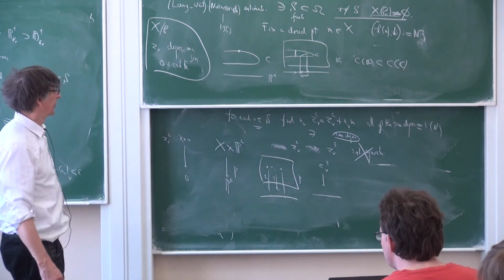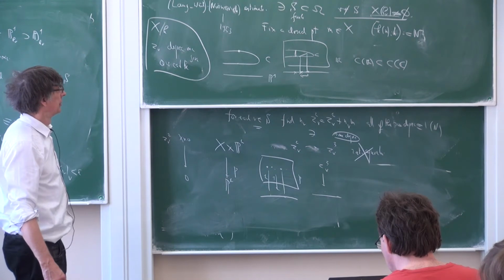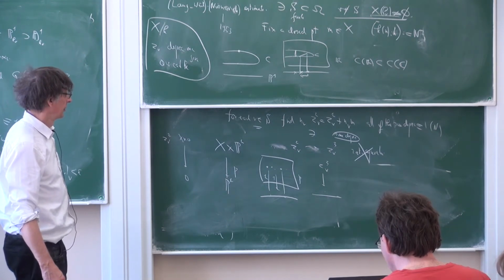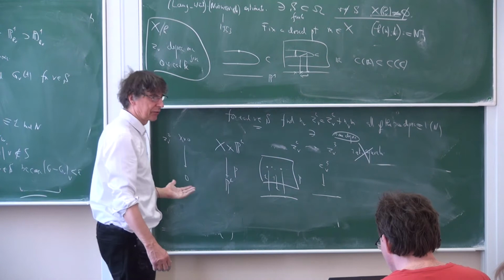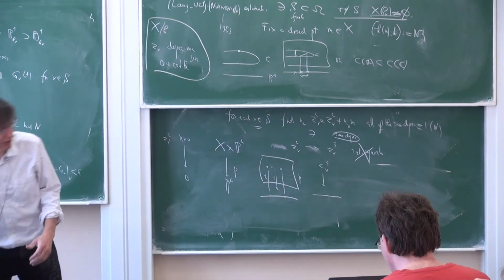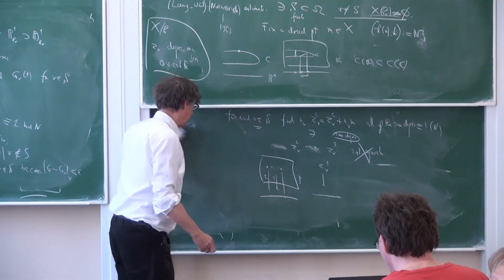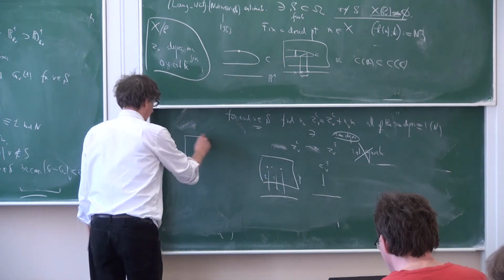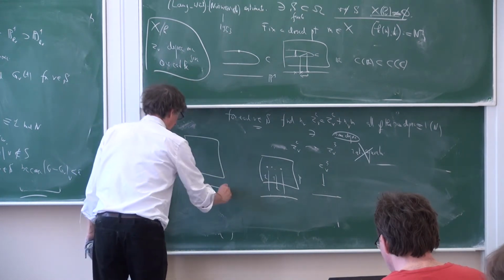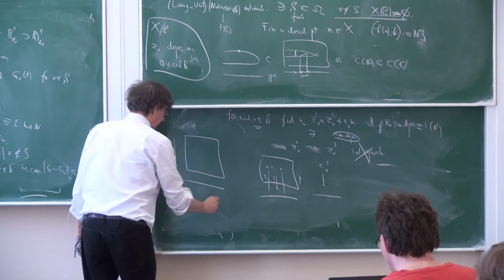I would like to understand over the reals. So over the reals, the question with the complex and the reals. Okay, X is a curve, so C and C cross P1.